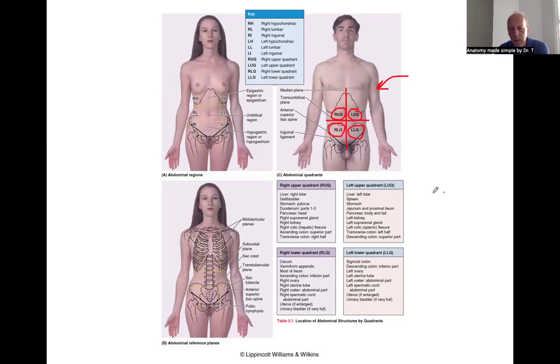Here you have the list of different structures and organs that are found within individual quadrants. Occasionally, we would need a different geography to apply.